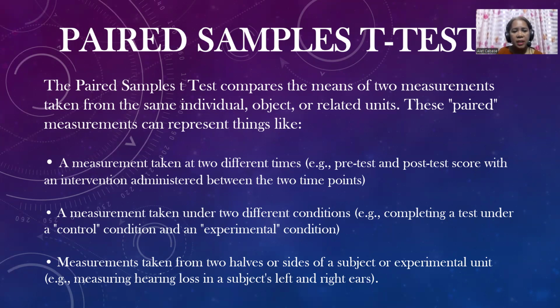Then a measurement taken under two different conditions, example, completing a test under a control condition and an experimental condition. And measurements taken from two halves or sides of a subject or experimental unit, example, measuring hearing loss in a subject's left and right ears.